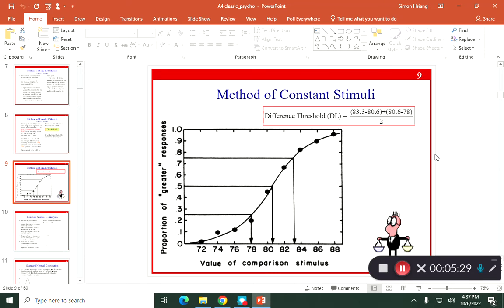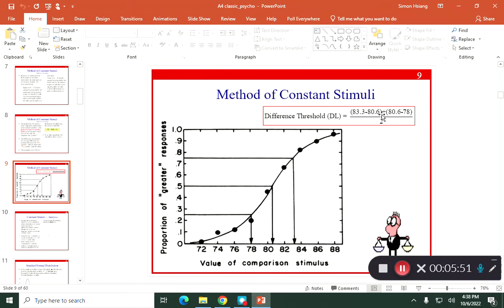Also, some people want to use a confidence interval. So usually you figure out the 50% line, then the 75% and 25% lines, and then use the differences, 75 minus 50 and 50 minus 25.